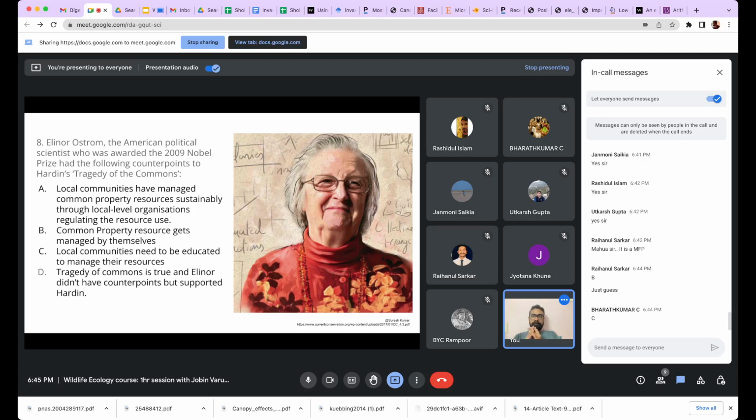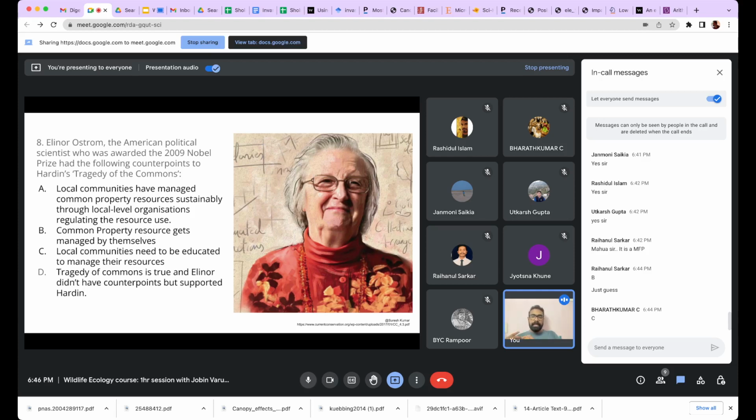Okay. So Eleanor Ostrom, like the question says, is an American political scientist. She got the 2009 Nobel Prize, and she was basically trying to rebut this tragedy of the commons by Hardin. She looked at all the older case studies of commons being used by local communities, and she found out that local communities have actually managed common property resources very sustainably through local level organizations.